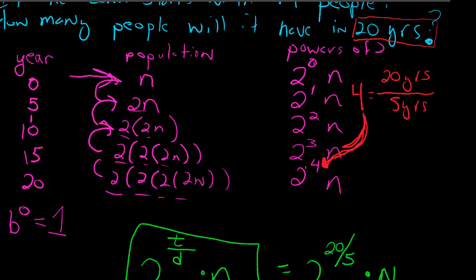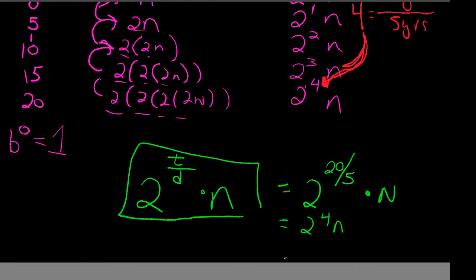And so 2 to the 4th power here, 2 to the 1st is 2, 2 to the 2nd is 4, 2 cubed is 8, and so this will have 16 times whatever the initial population of the town was. So if the town had 1,000 people, in 20 years it will have 16,000 people. And this is how our doubling rates work their way through.